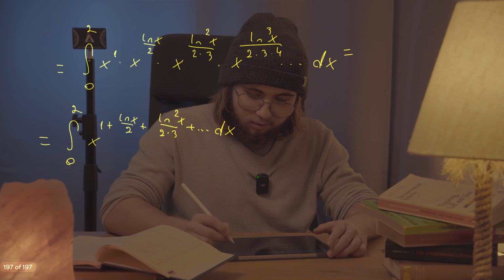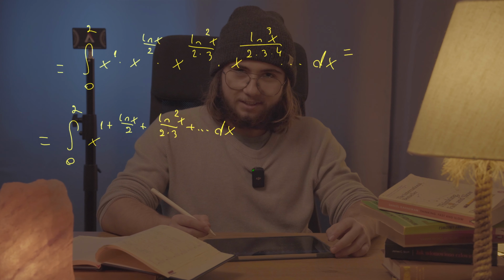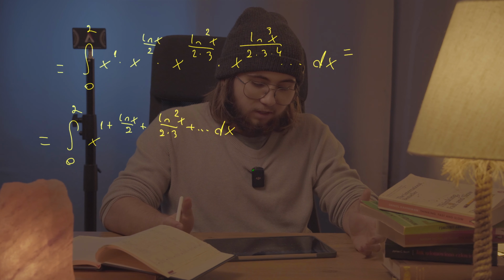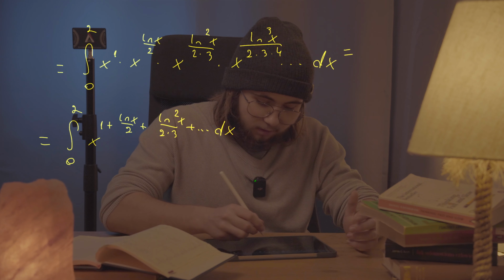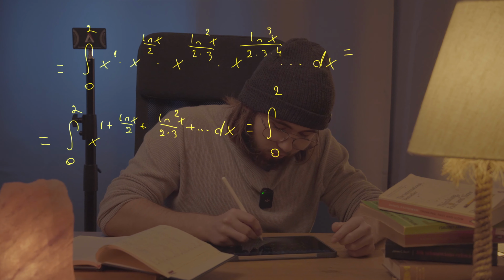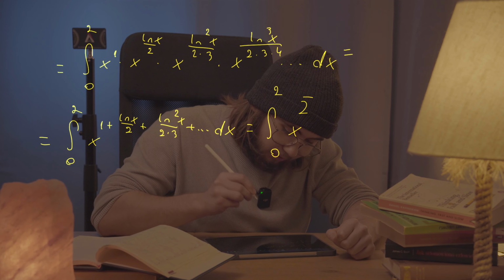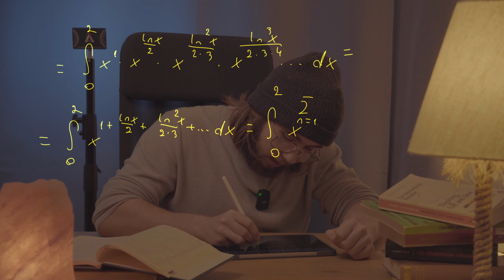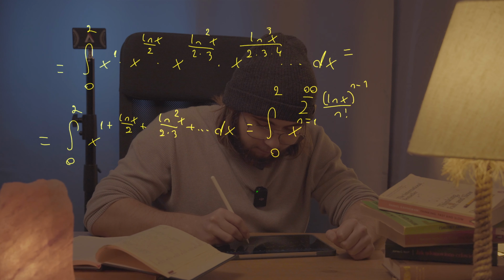Okay, but how can I rewrite this exponent so it's a little bit shorter? Well, this thing is actually a pretty lovely looking sum. Actually, I can write it as the integral from 0 to 2 of x to the power of the sum as n goes from 1 up to infinity of the natural log of x to the power of n minus 1 all over n factorial.